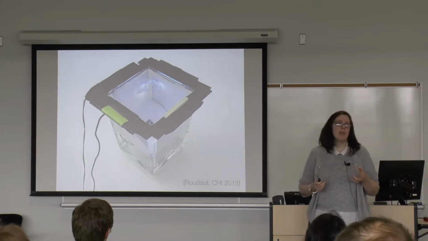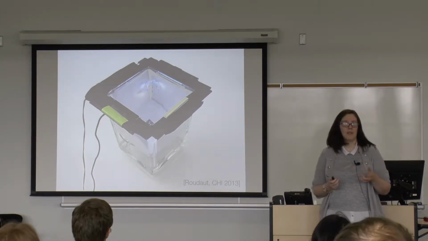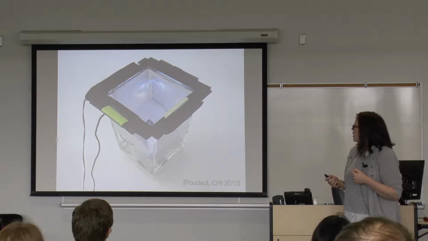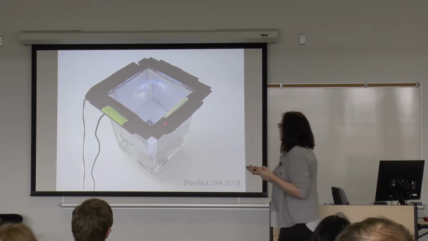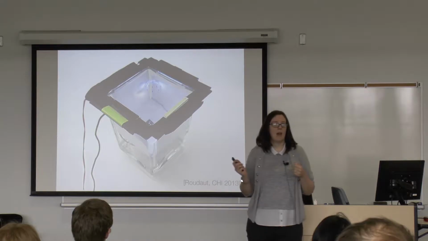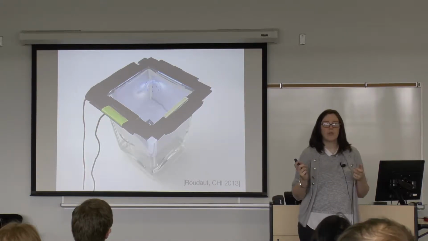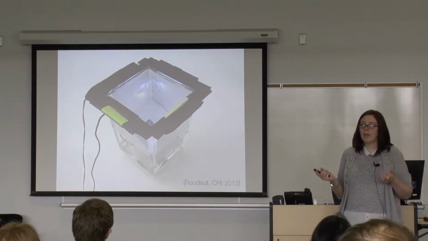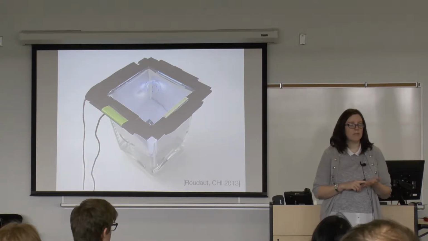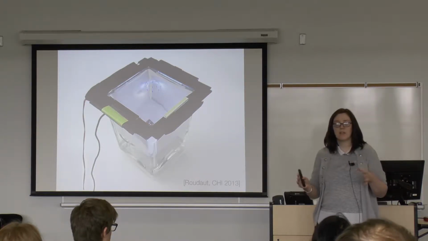This is actually a very old work, I don't know, 5 years ago. This is a little platform to test how people are pointing on curved surfaces. Right now we just know how people are touching on our touchscreens, but what if we have touchscreens of different shapes?